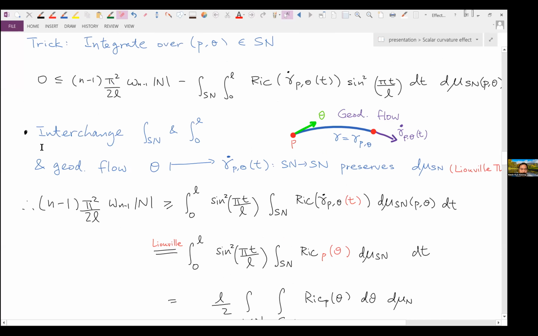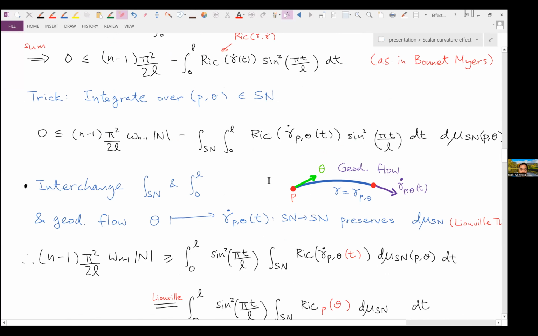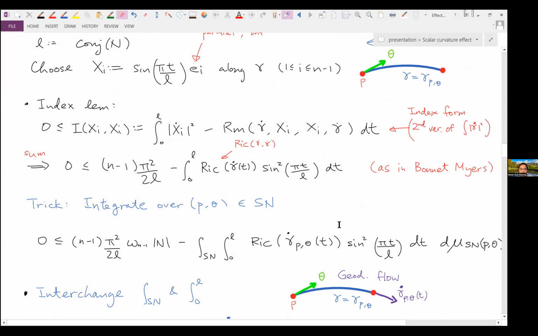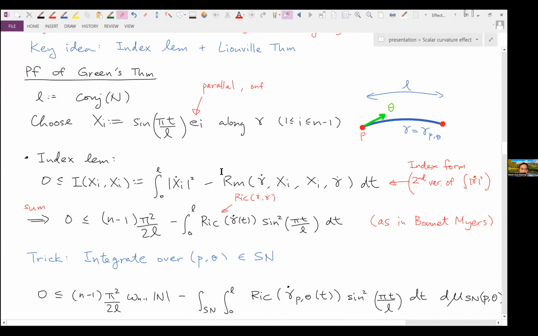So it makes use of the index lemma. The index lemma is applicable if we are within the conjugate radius. That means if there's no conjugate point, then we can apply this index lemma. The index lemma is basically saying that as long as there are no pairs of conjugate points on the geodesic, then the energy is actually minimizing on this geodesic, so the second variation is non-negative.